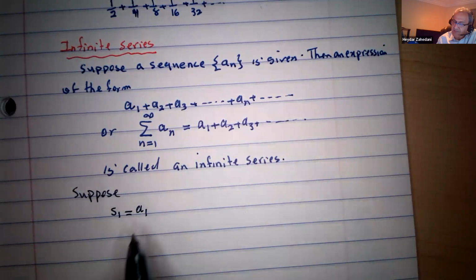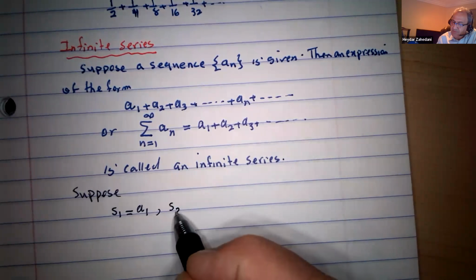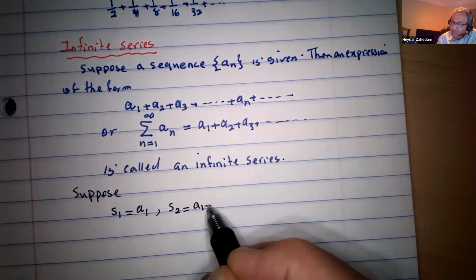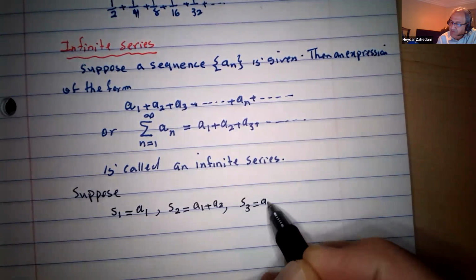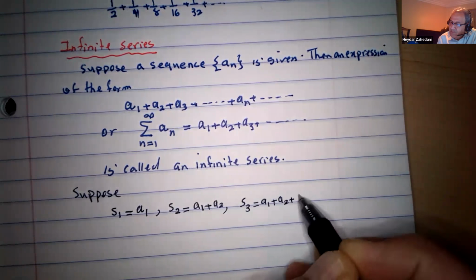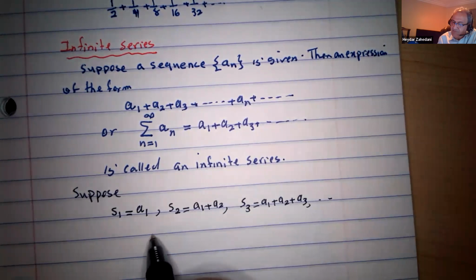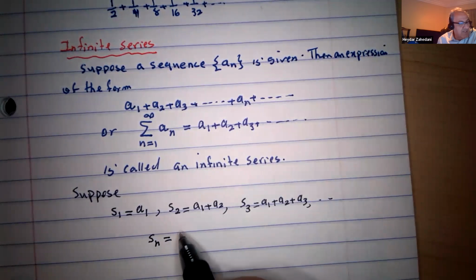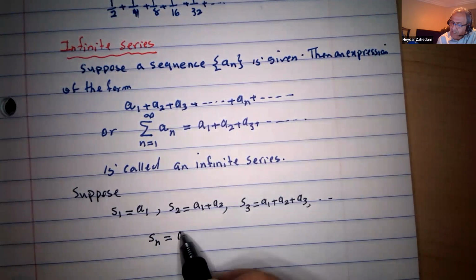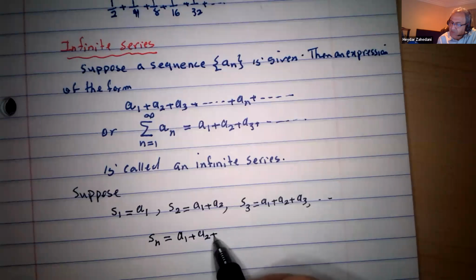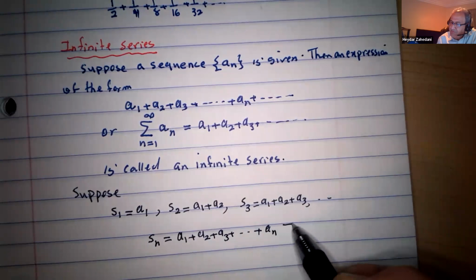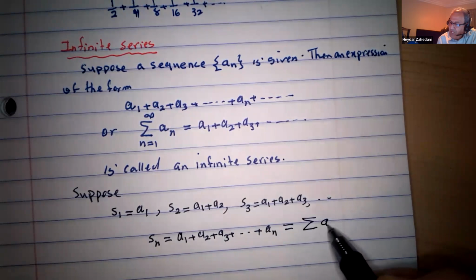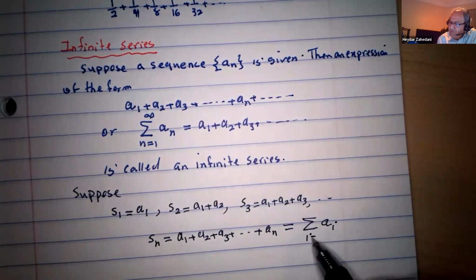Then we introduce S2. S2 means sum of the two terms, A1 plus A2. Then S3 would be sum of the three terms. In general, Sn is going to be the sum of the n terms. So Sn would be A1 plus A2 plus A3 up to An only, or in sigma form, sigma of Ai, for example, i from 1 to n.